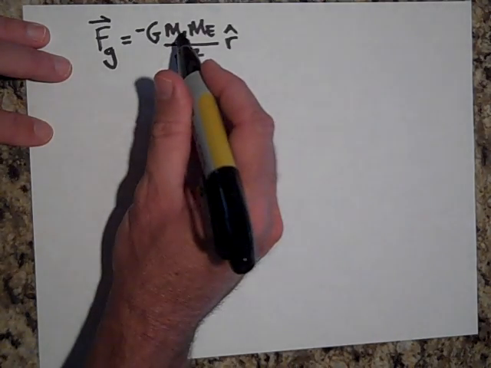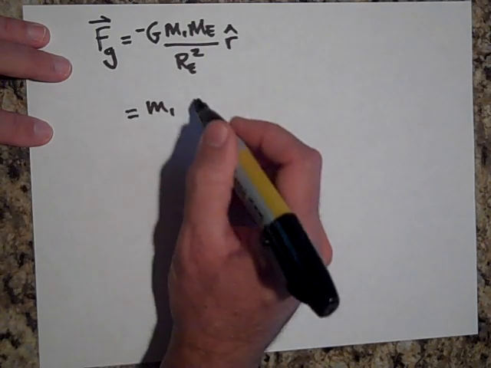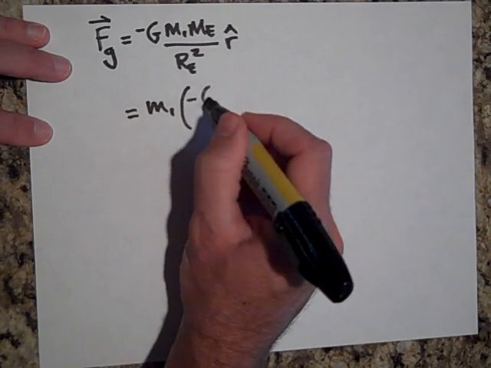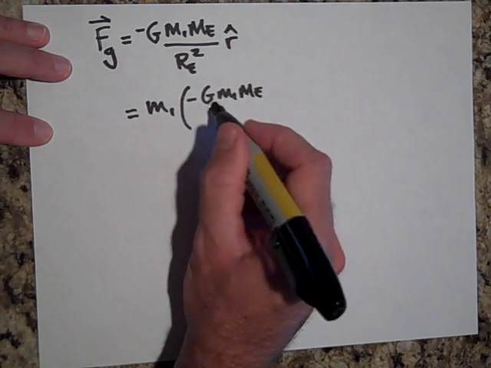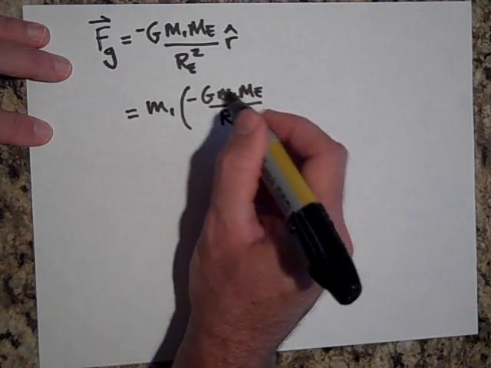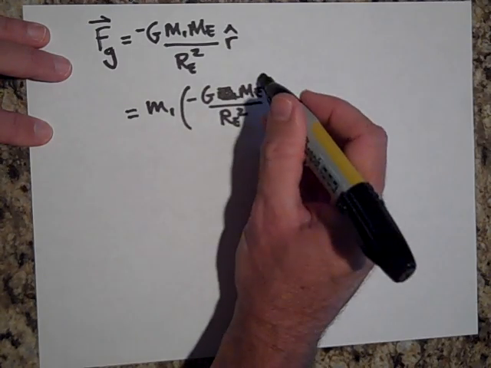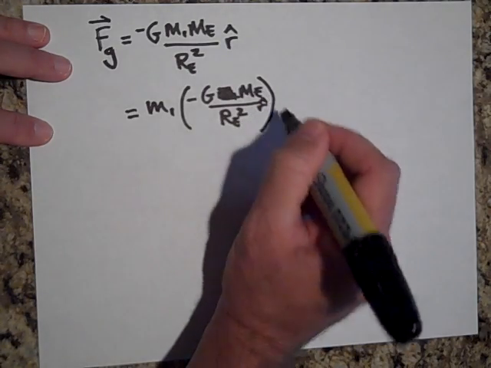Okay, if I just move the m1 out of there, pull it out and put it in front, and I need a unit vector there.